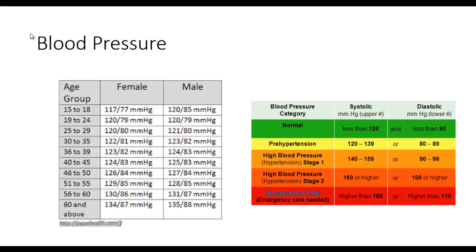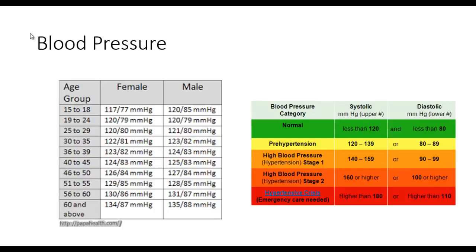When you start getting that number higher, and I provided ages on the left, but really we're talking about 120 over 80. When you start getting that higher, it's not good for your heart because your heart is overworking itself. A good way to think of this is a normal person can just walk normally.